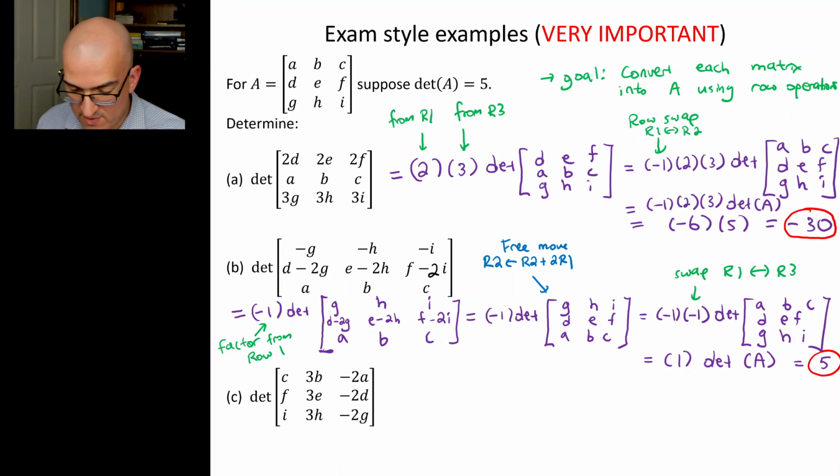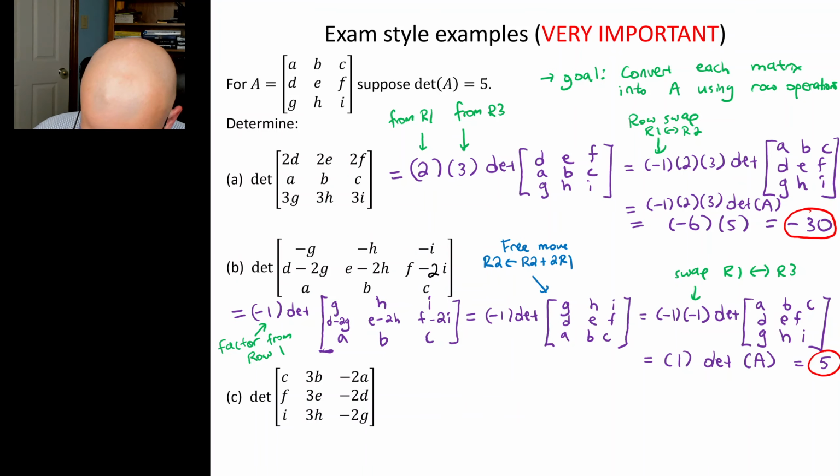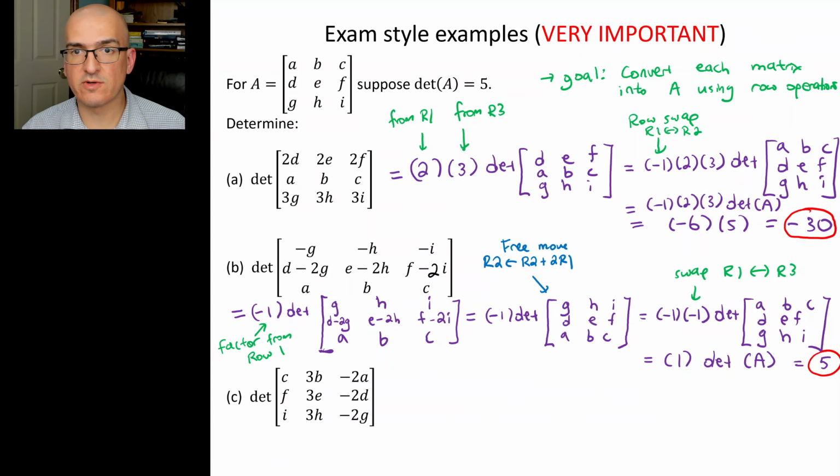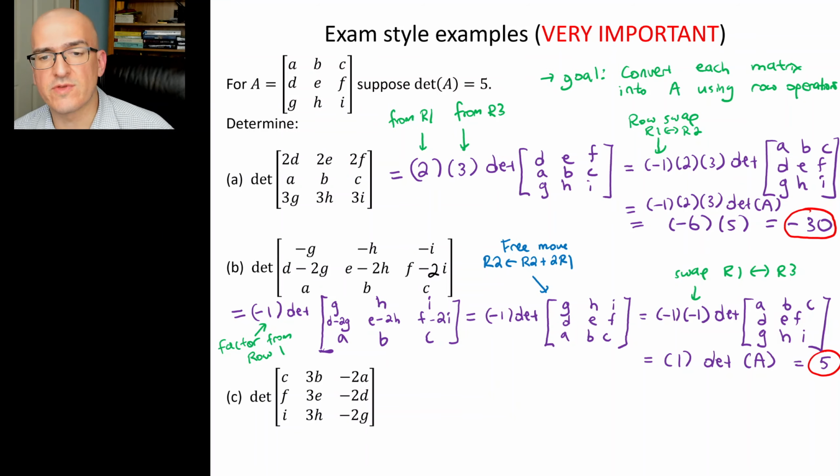Okay, now the last one. So we have to struggle to make this last one look like the first matrix. Make the C, 3B, -2A. How are we gonna do this? So first thing I want to do is I want to get rid of those constants.